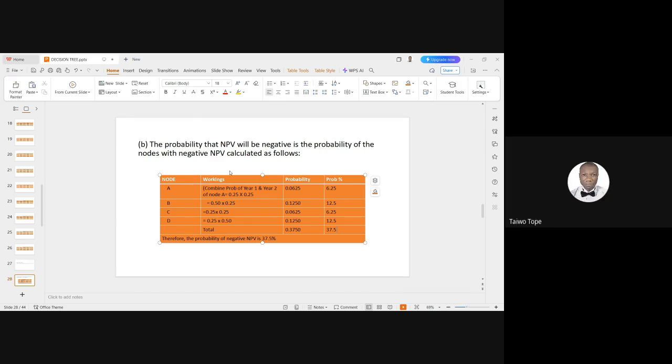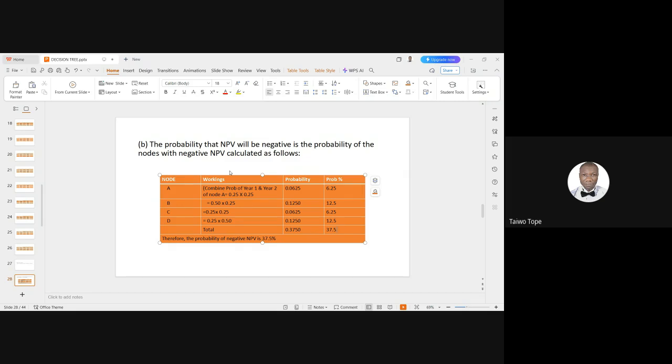We are not adding them because we need to know the multiplier effect in terms of the negative results.